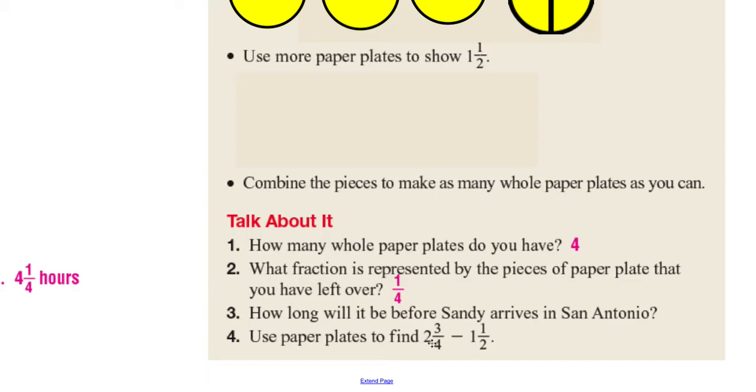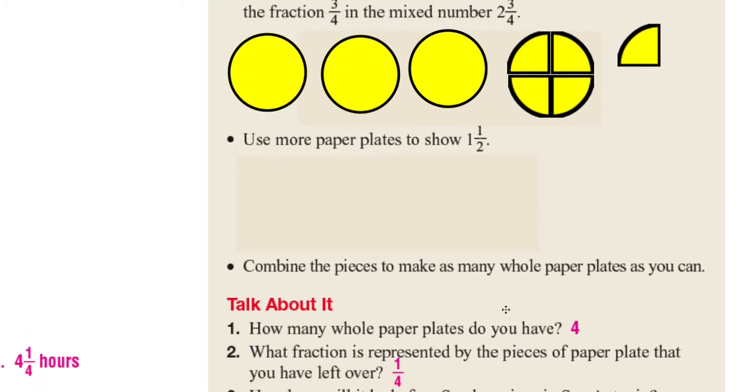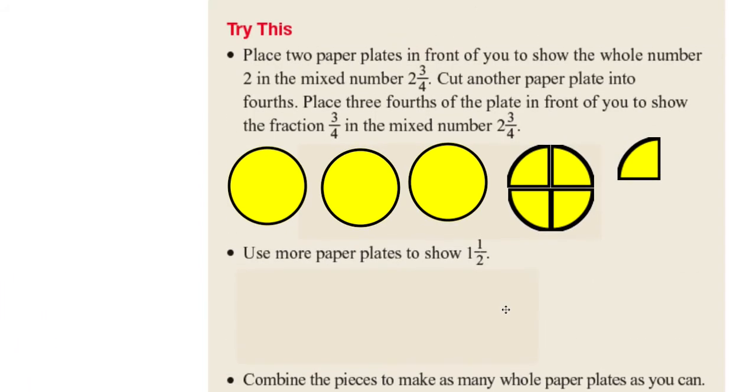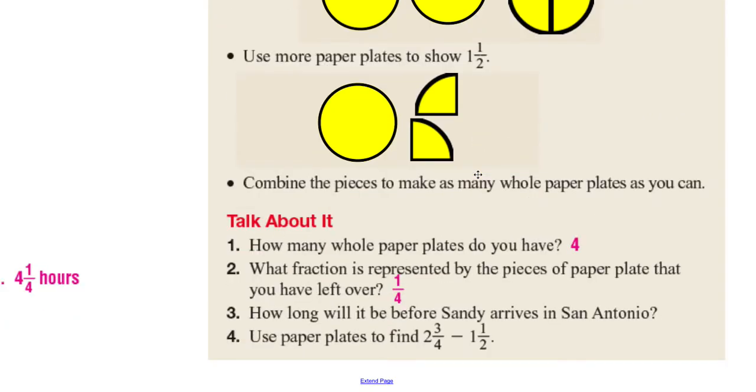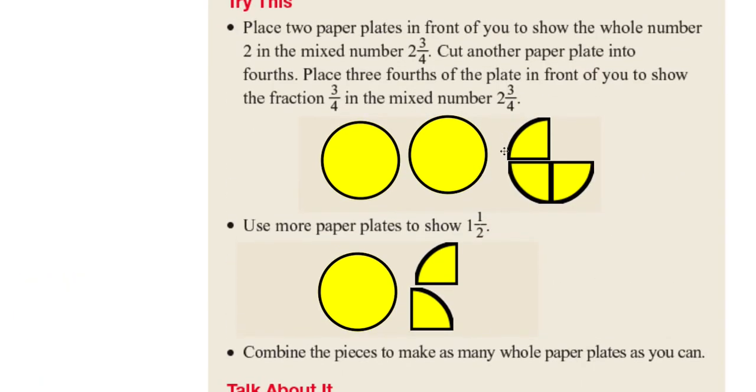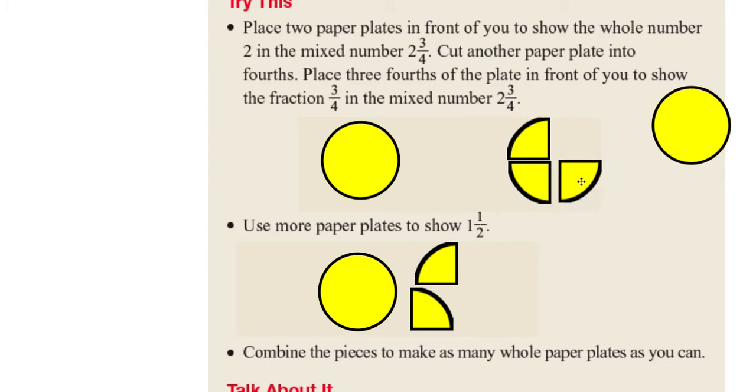If you use the same paper plates to find 2 3/4 minus 1 1/2, you have 2 3/4. Let's do the same thing here. This is 2 3/4, and we want to subtract 1 1/2. That means we take out 1 right here, and 1/2 would be these two.